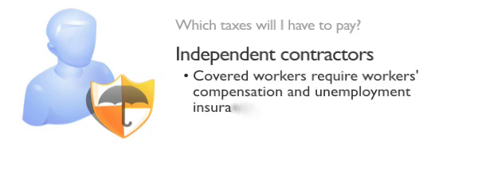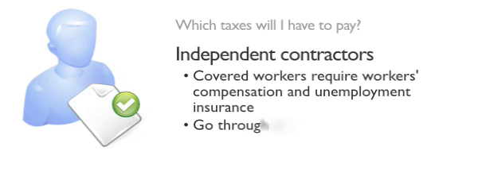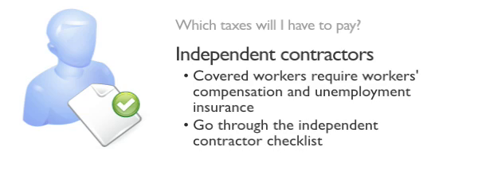This means they would have to be covered by Washington state unemployment insurance and workers' compensation even if they own a legitimate business. To find out if someone performing work for you is considered a covered worker in Washington and requires workers' compensation and unemployment insurance, you can go through a short checklist. We'll give you a link at the end of this presentation.